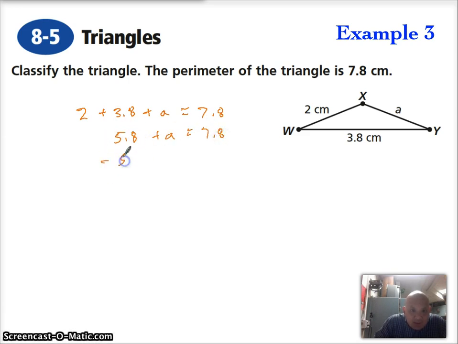I'm going to go ahead and subtract 5 8/10 from both sides in order to isolate the variable. 5.8 drop out, the A drops down, and I have 2 as the measurement. 2 centimeters is the measurement for this side. Well, exactly 2 sides are the same in length. Therefore, this becomes an isosceles triangle.